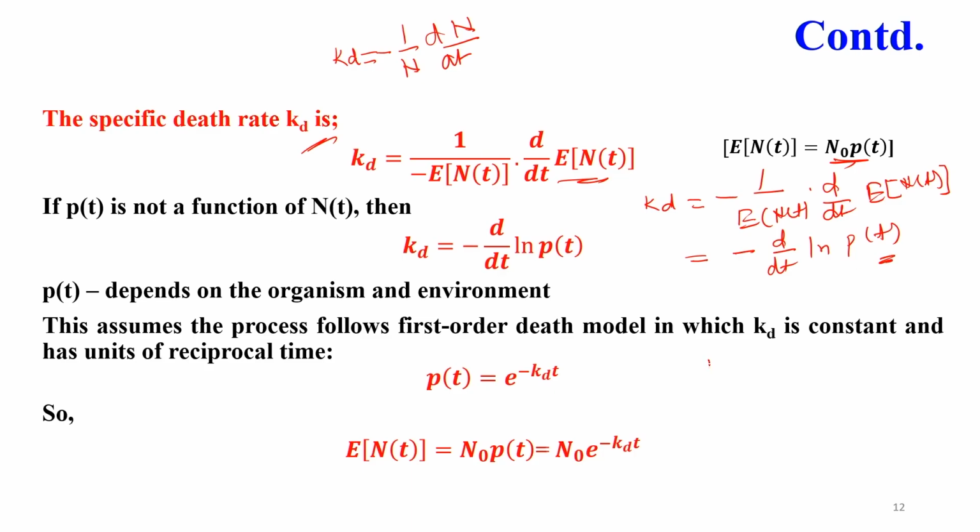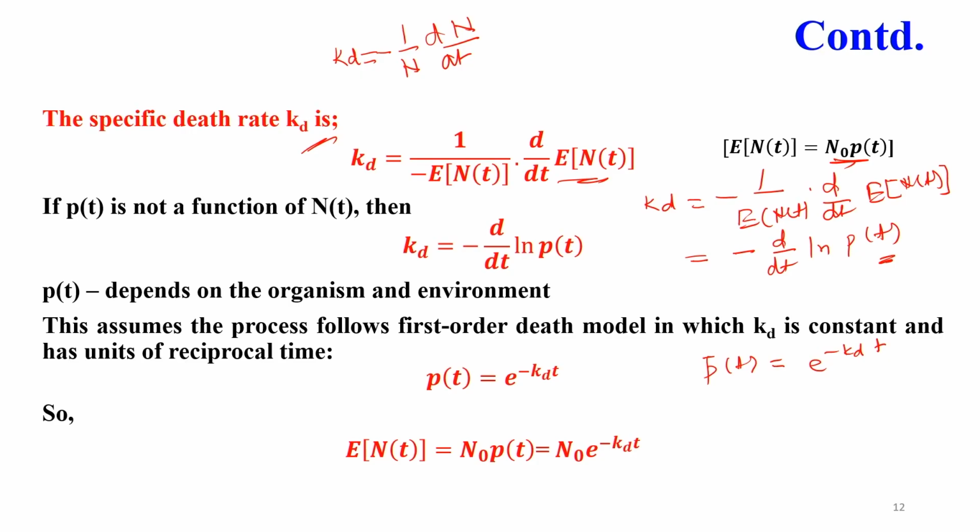Now, this says pt as e to the power minus kd into t. If you integrate it, small pt is e to the power minus kd t.